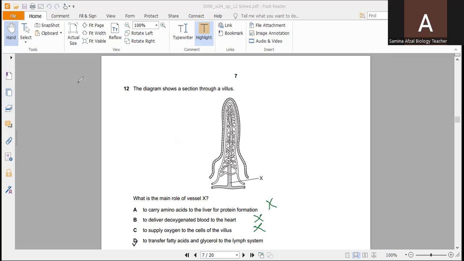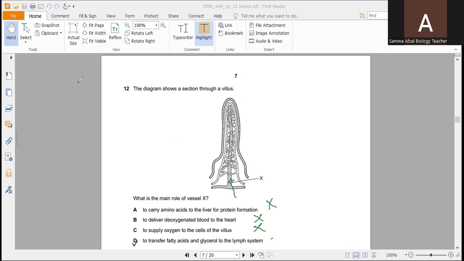To transfer fatty acids and glycerol to the lymph system. Yes, so X is the lacteal through which the fatty acids and glycerol are uploaded. They are transferred to the lymphatic system, only to this lacteal.